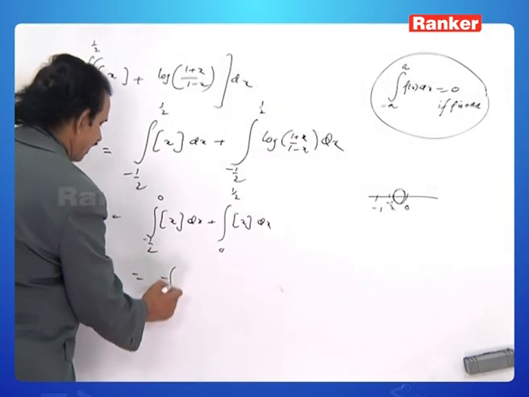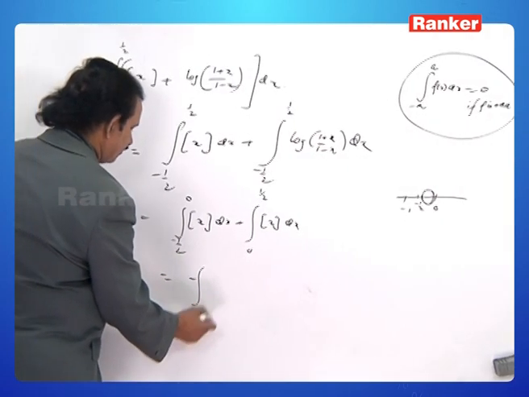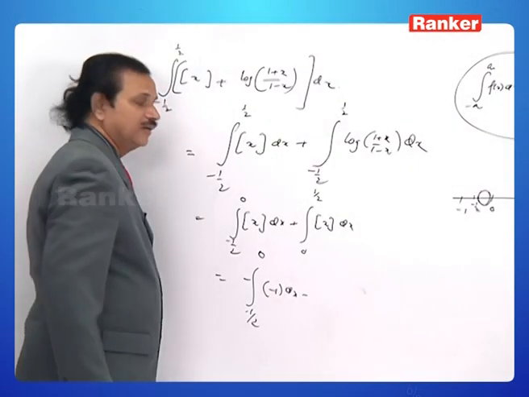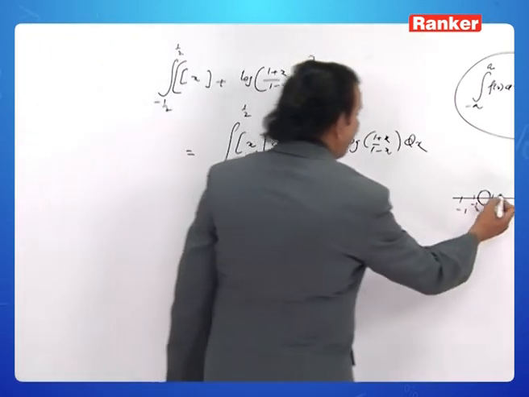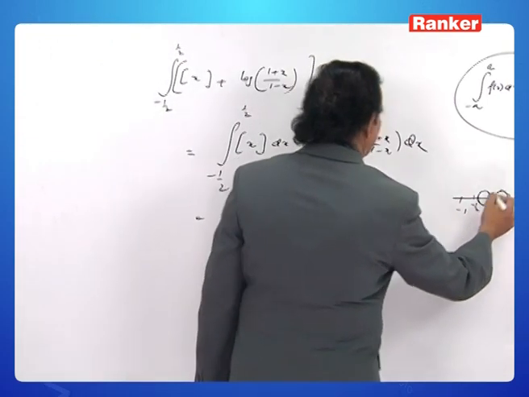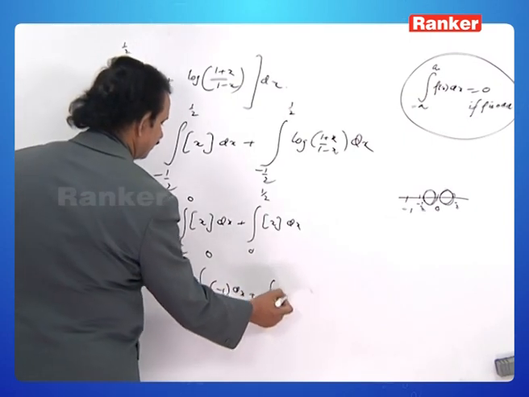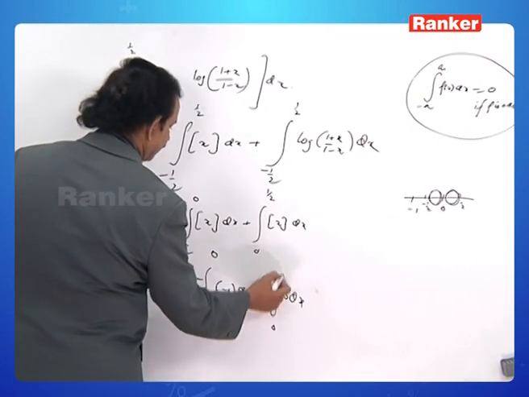So integral of minus half to 0 minus 1 dx plus, if x lies between 0 and half, for all these values, integral part is 0, hence plus 0 dx, 0 to half.